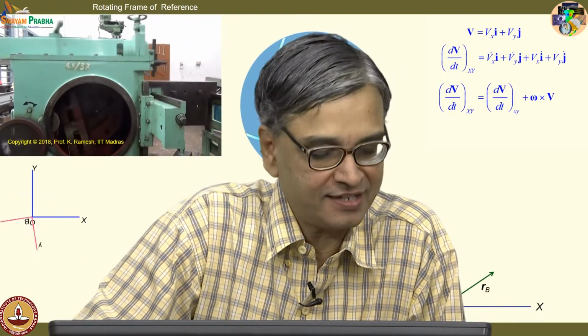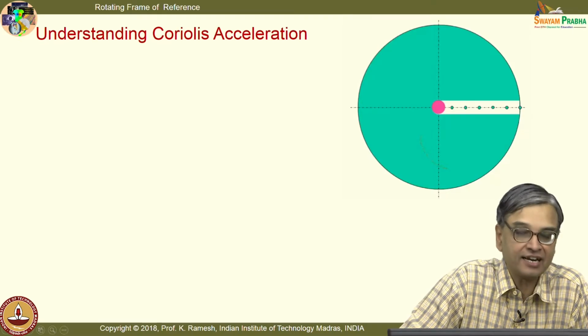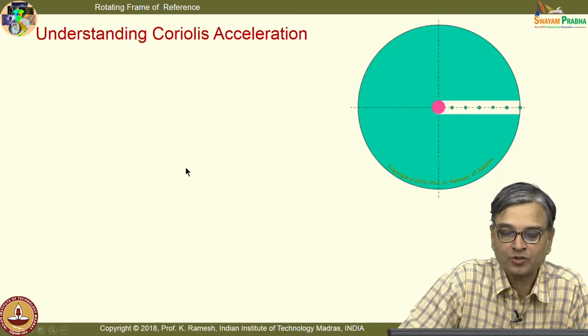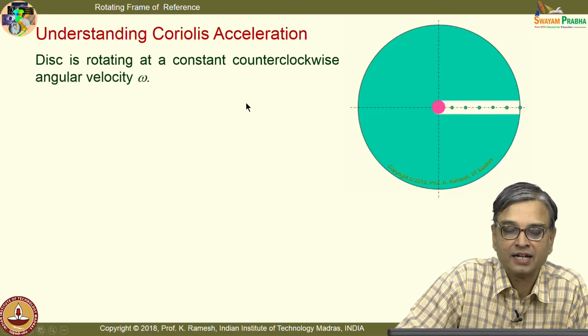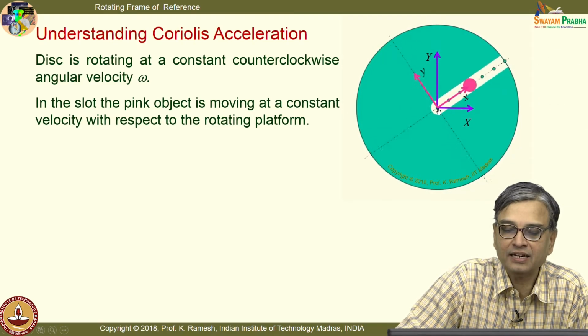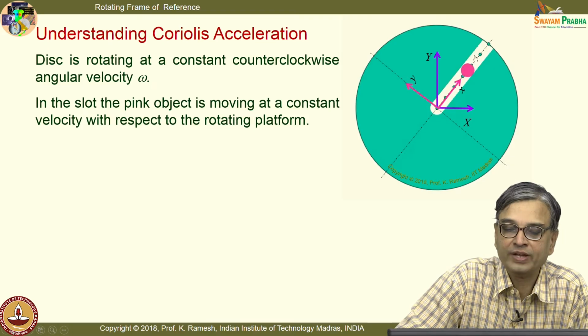So, let us continue our discussion on rotating frame of reference, and we will try to understand Coriolis acceleration better in this lecture. So, I have taken the very famous example of a straight slot on a rotating platform, and it is rotating in a counterclockwise direction, and you have a particle, pink in color, moving in the slot.